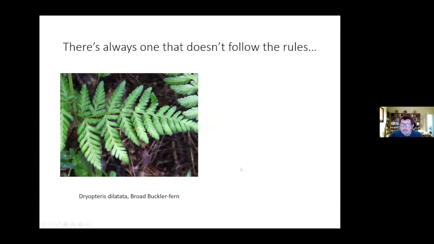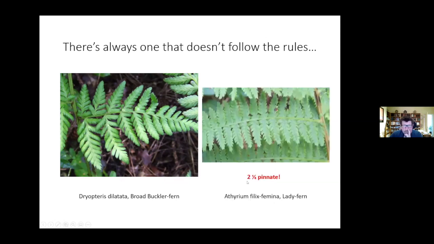There's also one that doesn't really follow the rules. This is back to our picture I just showed you of Dryopteris dilatata with its 3 levels of branching. So that's pinna, pinnule, and pinnulet. And there's this one, which is the lady fern. Now, this has a rachis, and this is a pinna here. These are the pinnules. Now, these sort of go down and form separate little divisions, but don't always.